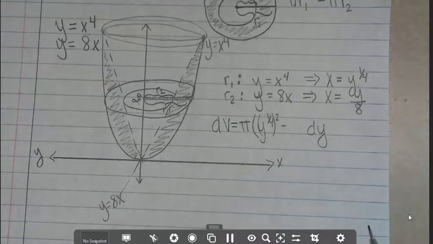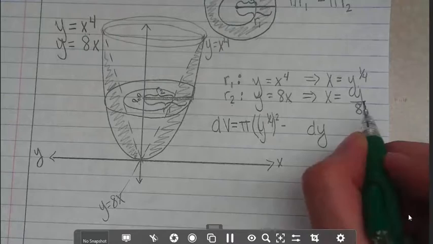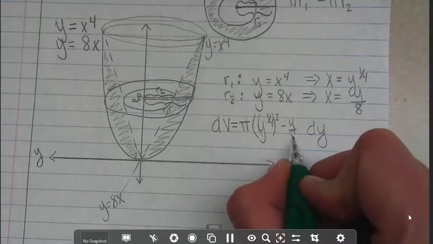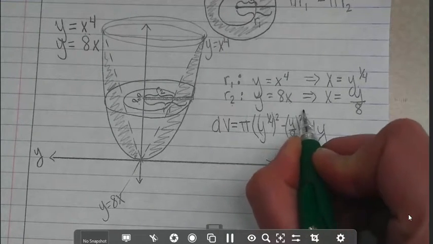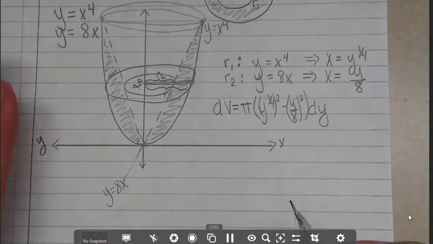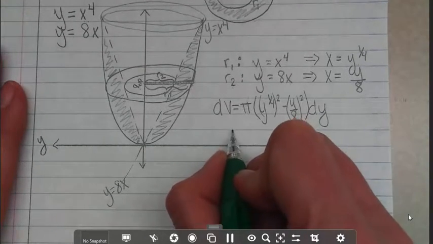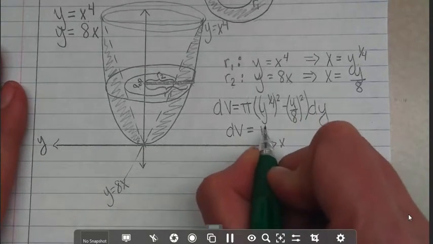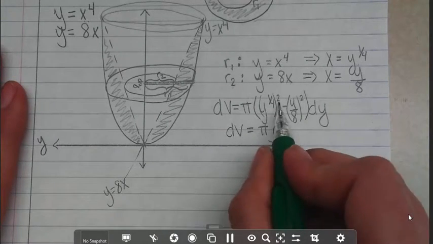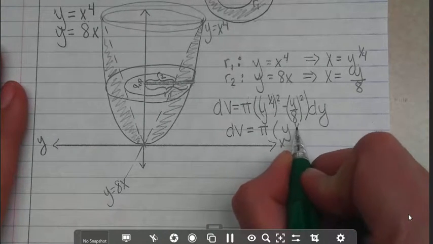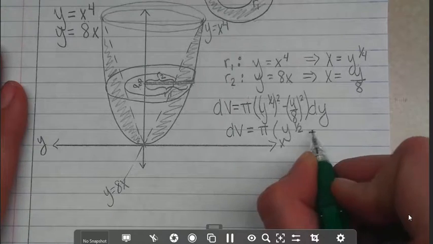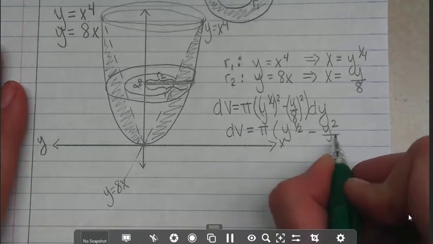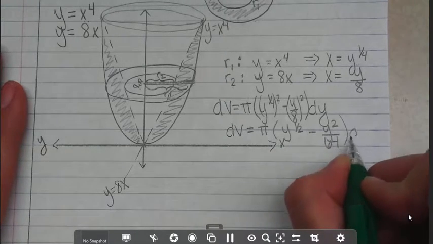From that, I'll subtract the second radius, which is going to be y over 8, and I'm going to square that. So simplifying this, dV will be pi times y to the 1/2 minus y squared over 64 dy.